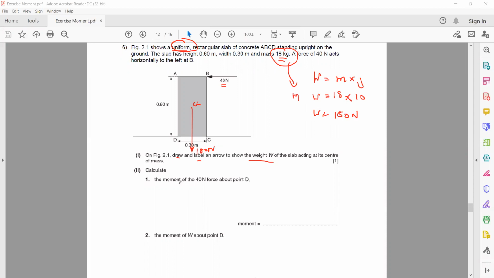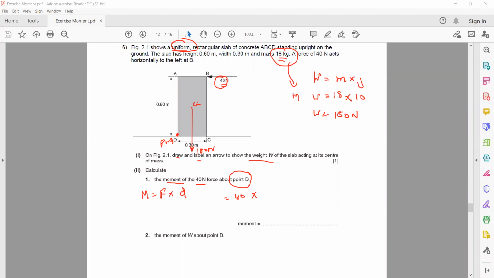The second part, calculate the moment of 40 Newton force about point D. When they say about point D, which point is the pivot? This point is the pivot. To calculate a moment, that is force multiplied by perpendicular distance from the pivot. We have the force of 40, but what about the perpendicular distance?